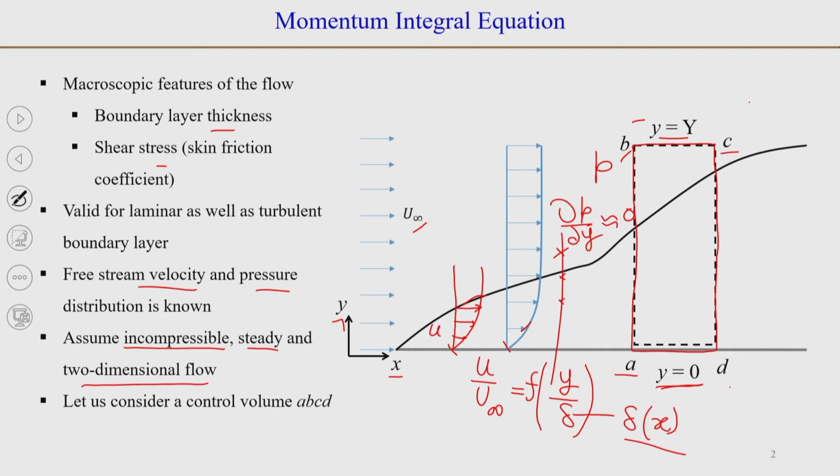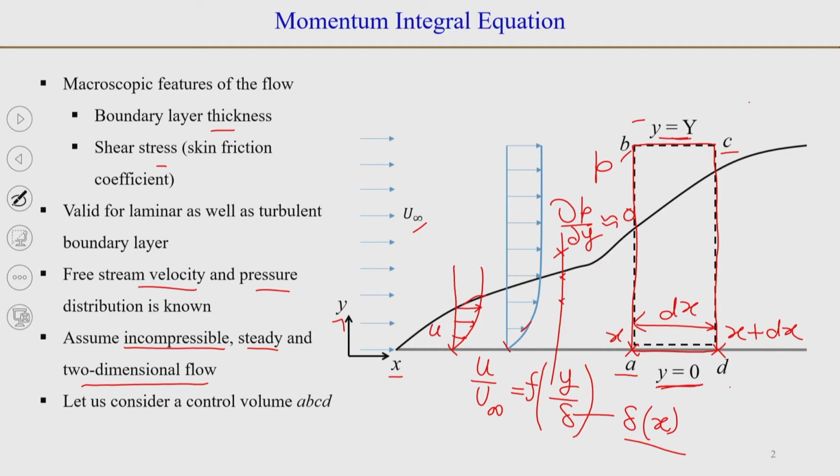The distance between A and D is dx. So, we can say that the coordinate at A is x and the coordinate at D in the axial x direction is x plus dx. So, x and x plus dx, and y is equal to 0 to y is equal to capital Y.